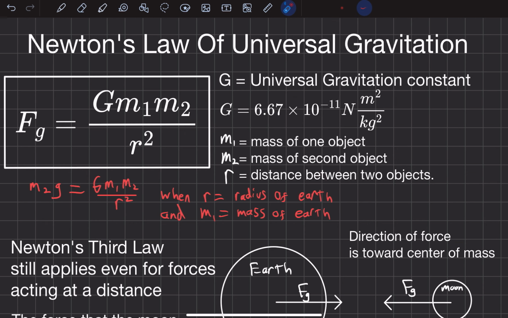If the object was not at sea level, like let's say the object was on top of Mount Everest, the radius would increase. The distance between the person and the center of the Earth would increase, which would decrease the overall force of gravity. So in other words, if you're standing at the top of Mount Everest, you weigh less.